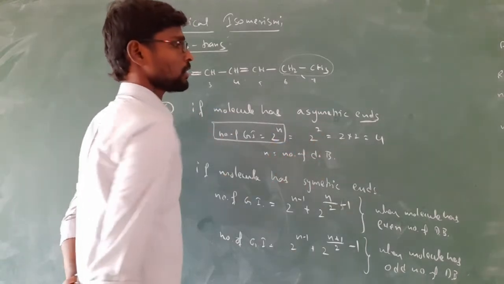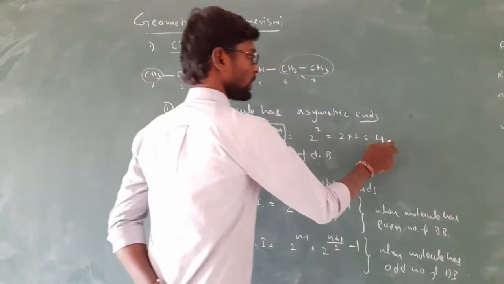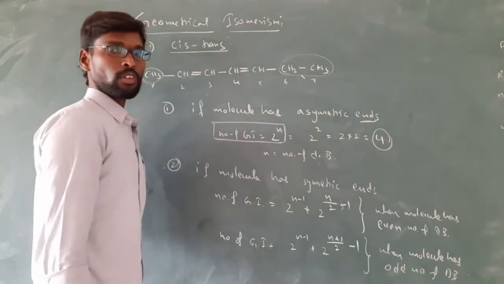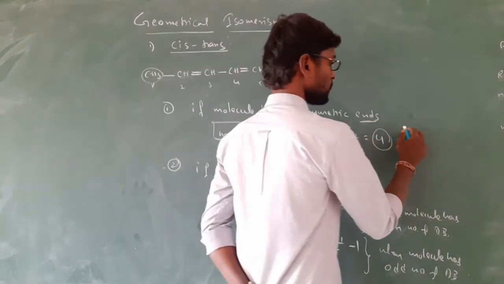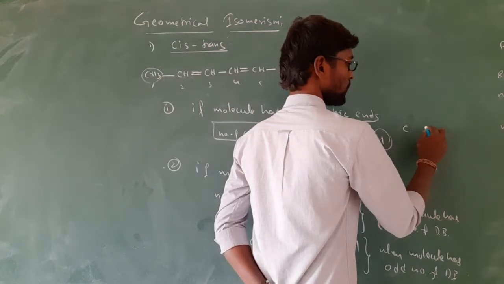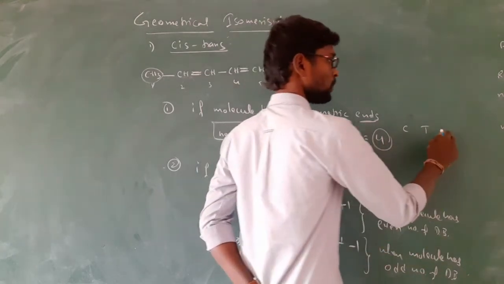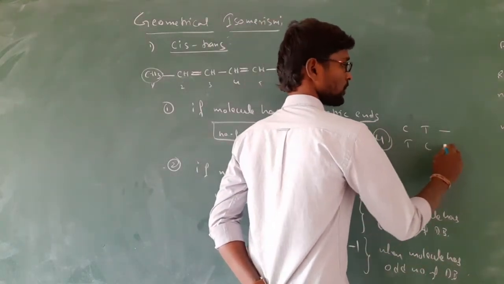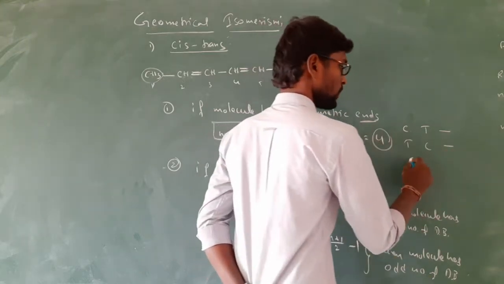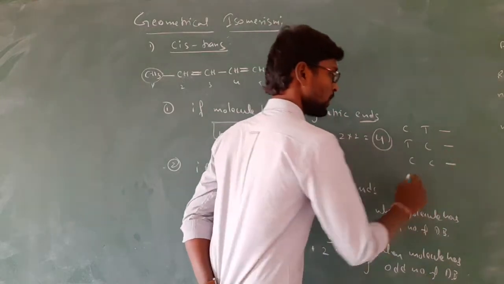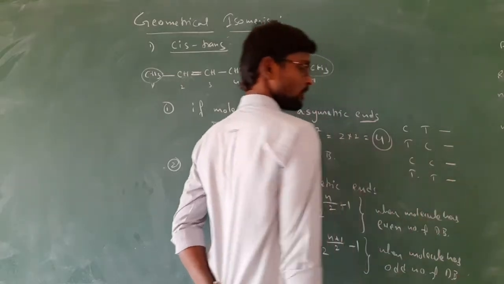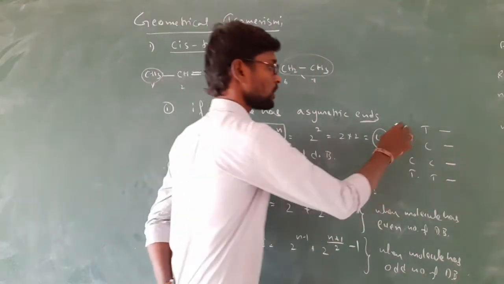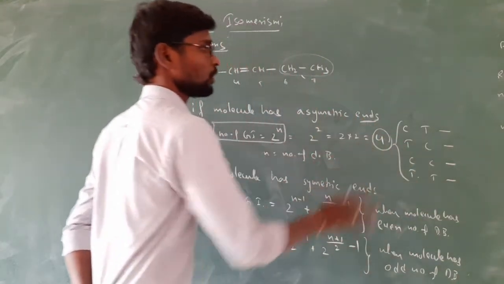How many isomers will you get here? 4 isomers. What are the 4 isomers? Cis trans in one molecule, trans cis in another molecule, cis cis the third one, and trans trans is the fourth one.